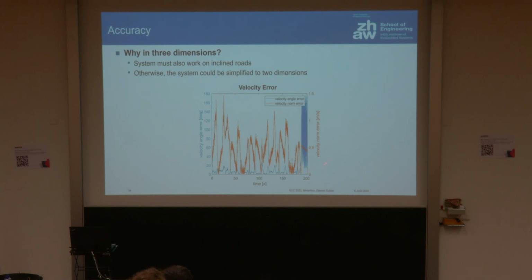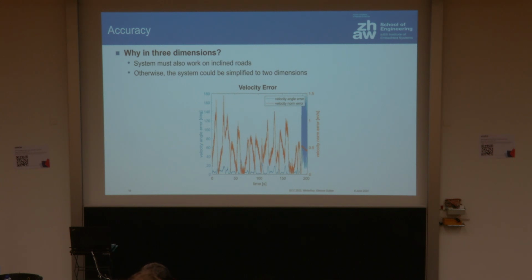Just to give you an idea of the error, we tried to compare our system to a black box system that we did not develop ourselves, just to have a feeling of the error. And this graph actually shows the deviation between the velocity vector that we measured and the velocity vector that was measured by our black box comparison.